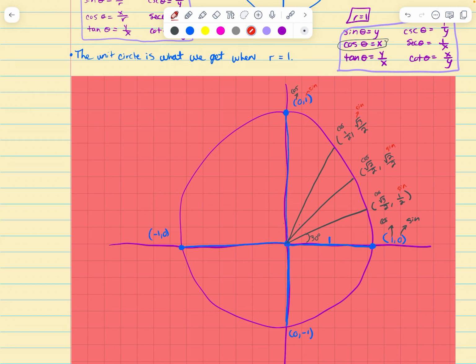Right? So I can keep going past the first quadrant, I can keep going over here. No matter the theta, x is cosine theta, y is sine theta. I hope this helps.